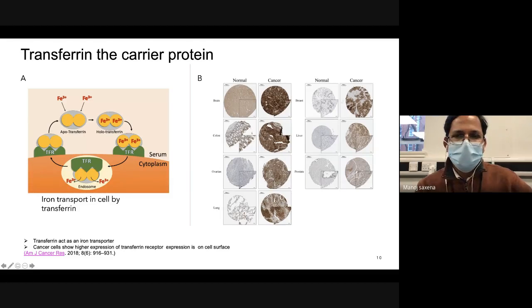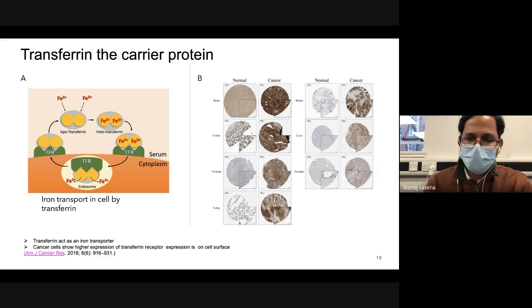Because of this, you can specifically target the cancer cells if you can somehow combine transferrin with your toxic or apoptosis-inducing protein like cytochrome C.